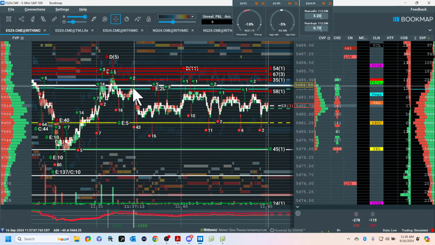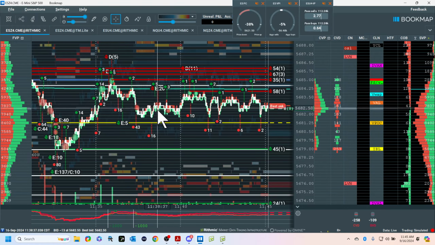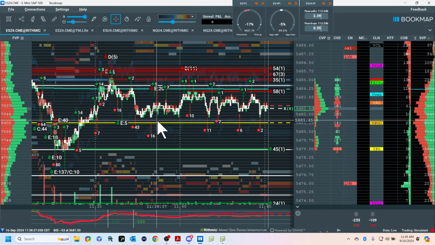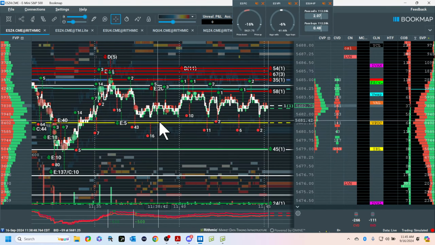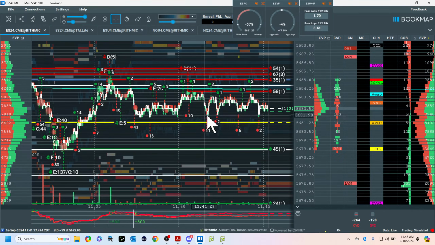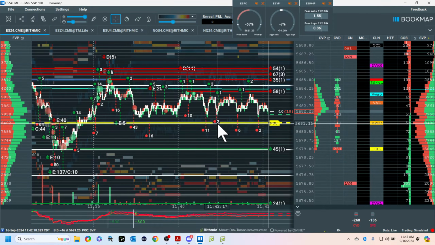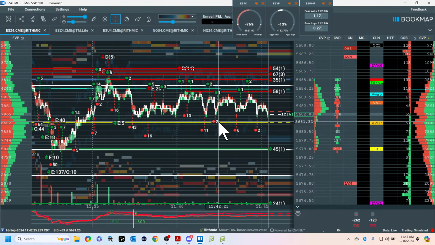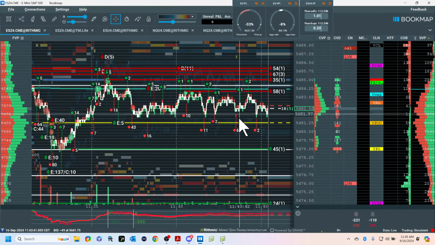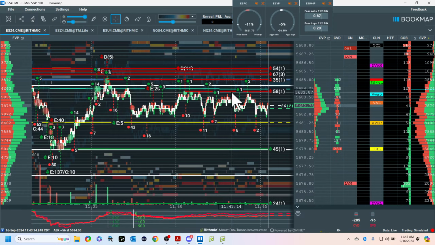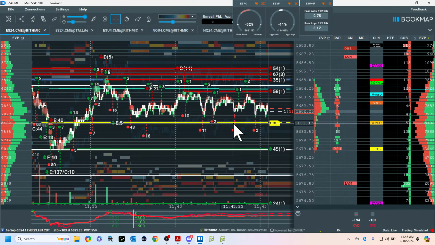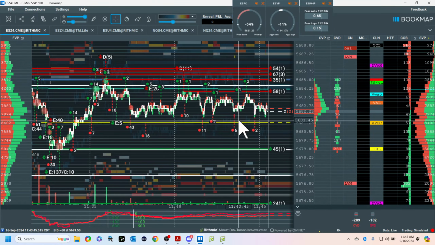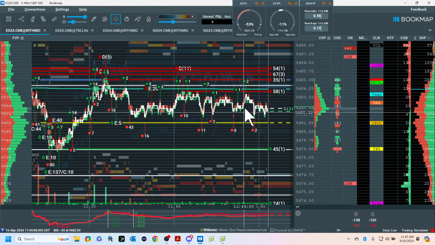I usually give them 1 or 2 ticks ahead of this, because if you're using limit orders, there's no guarantee you're going to get filled. You have to get through it to be guaranteed a fill. So I want it to come back here, so I'd give it either 1 or 2 ticks. So this is the trade.